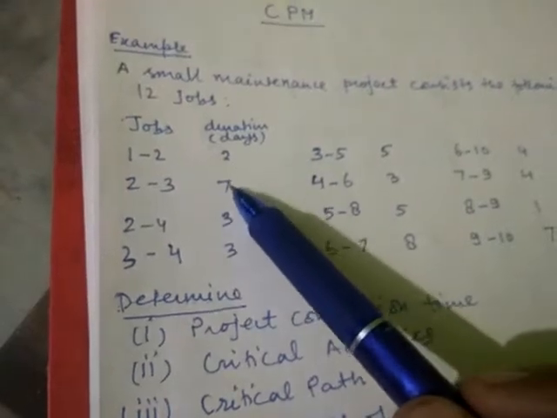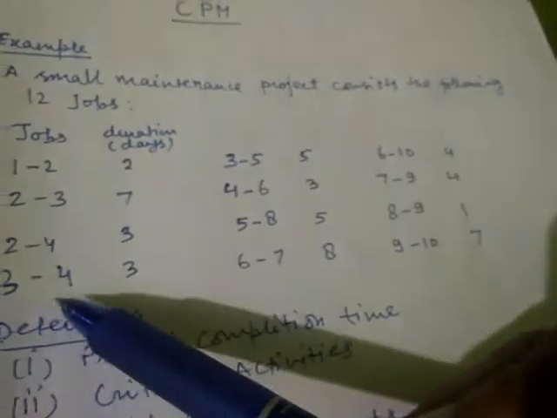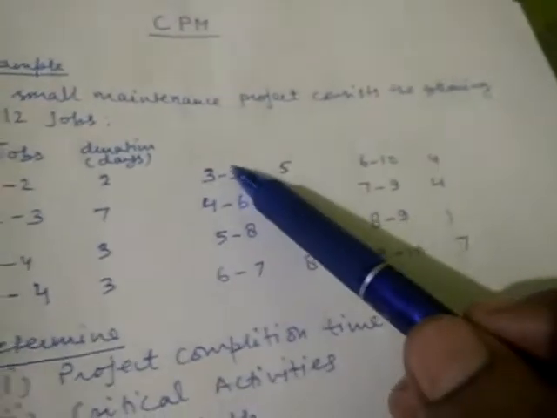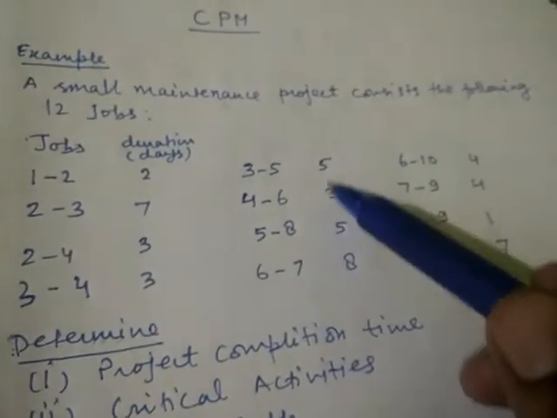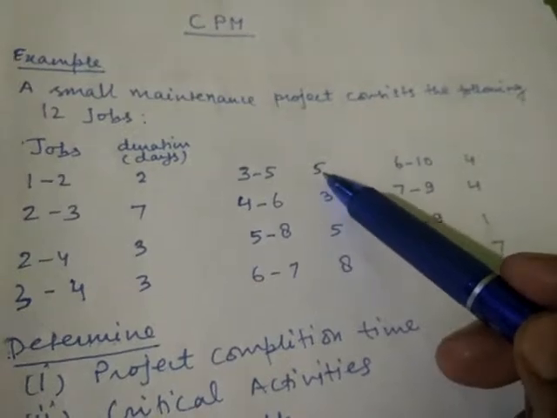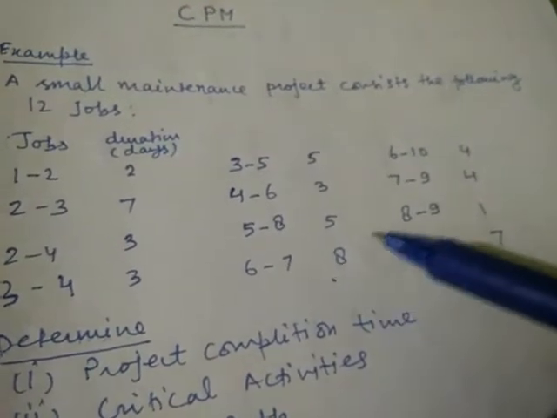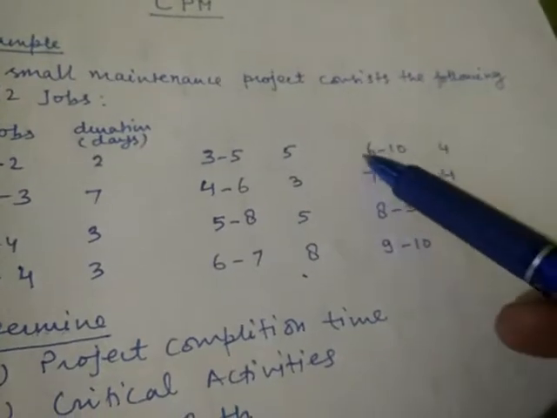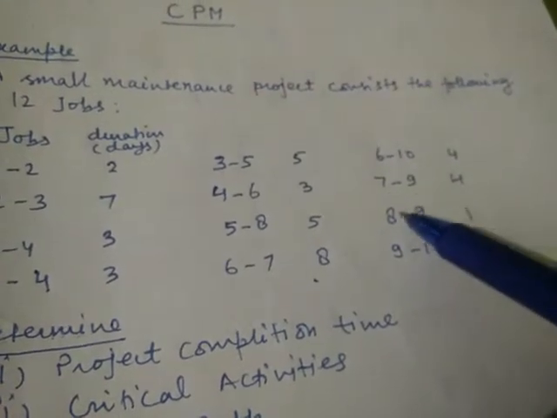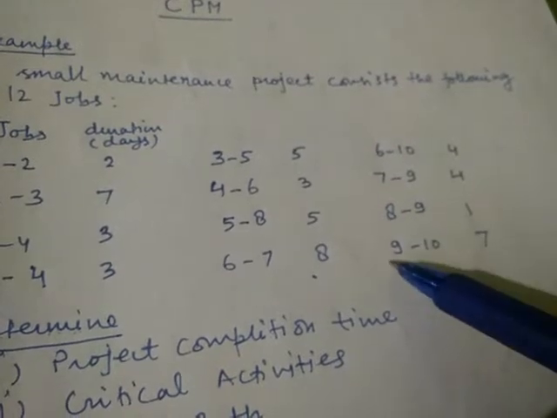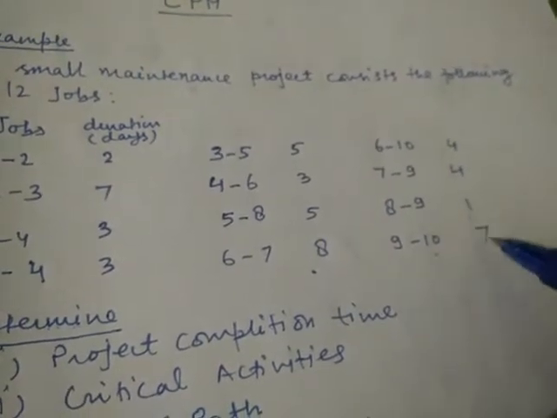Durations are 2, 7, 3 and 3. In continuation, this is 3 to 5, 4 to 6, 5 to 8, 6 to 7. Durations are 5, 3, 5, 8. And then 6 to 10, 7 to 9, 8 to 9, 9 to 10. Durations are 4, 4, 1, 7.